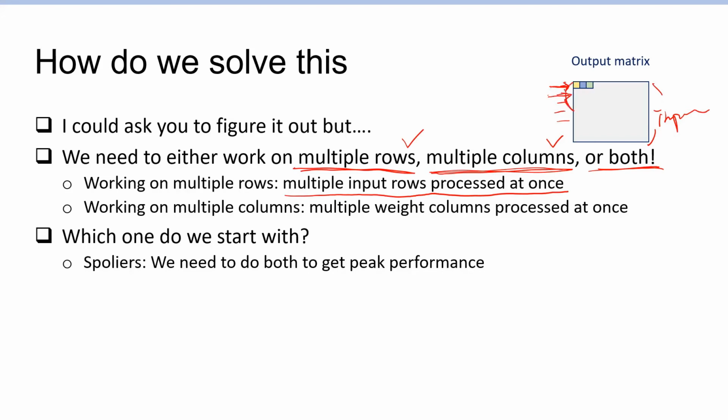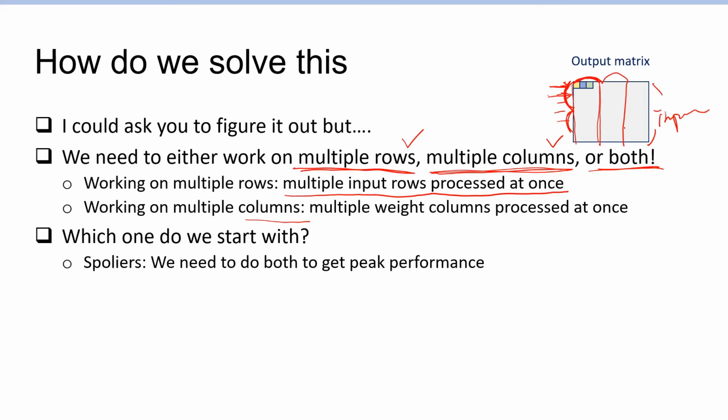We work on batches of rows at once, and then the next batch of rows. That's one way we could do it. Or we could work on multiple columns at once, where multiple weight columns are processed at once. That would mean we chop the output matrix column-wise into multiple chunks.